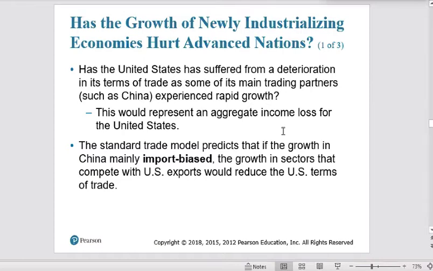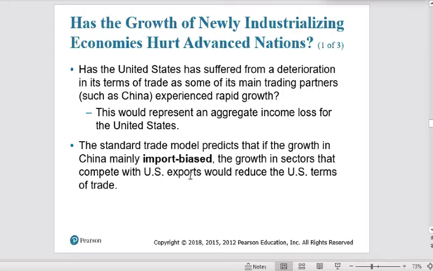So using what we have learned, we can have the picture in our mind that if the growth in the newly industrialized economies is in the area where the advanced nations export, then it's going to be bad for them.